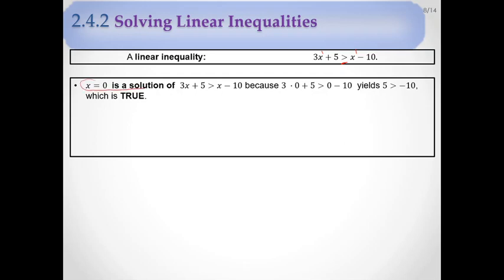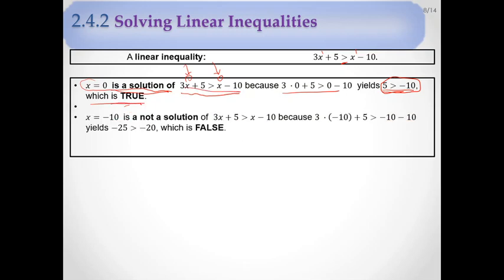X equal to 0 is a solution of this inequality, because when you put 0 here and 0 here, it gives you a true inequality. So if it gives you a true inequality, then it's a solution. The x value making the inequality true is a solution of the inequality.